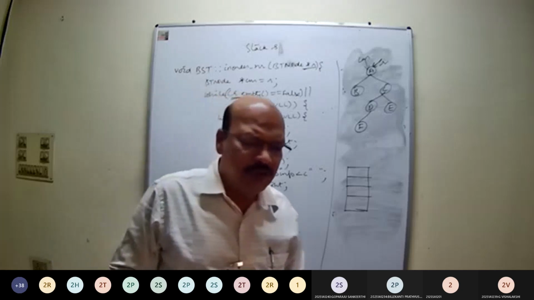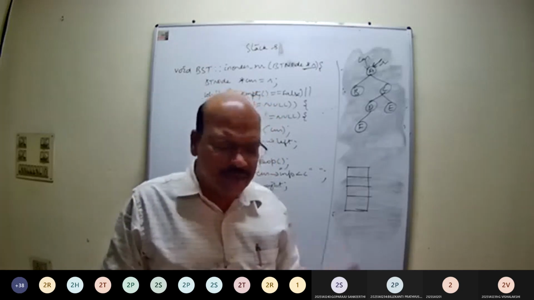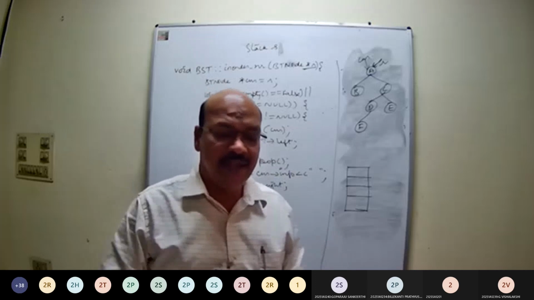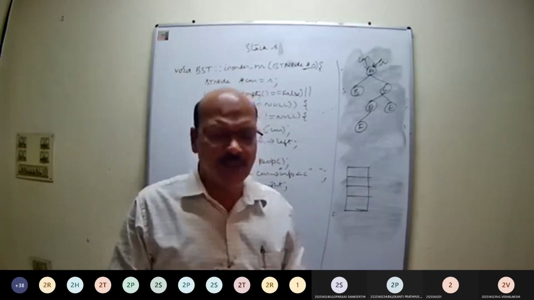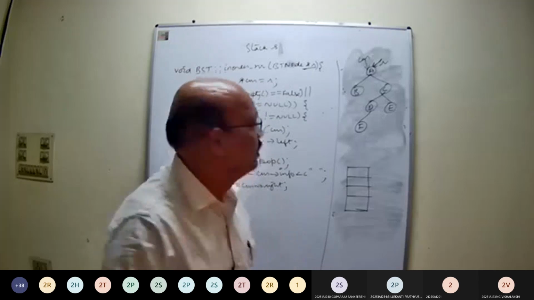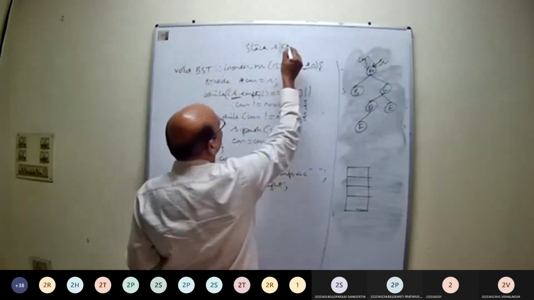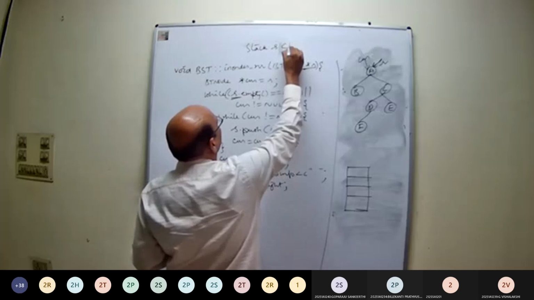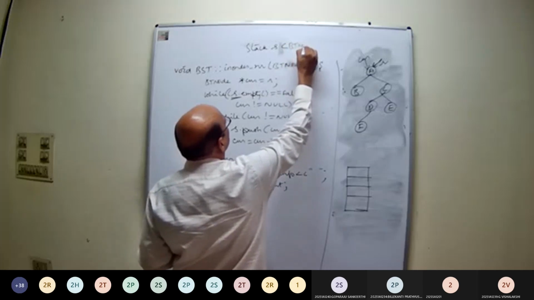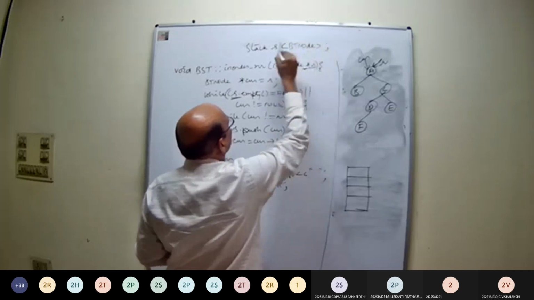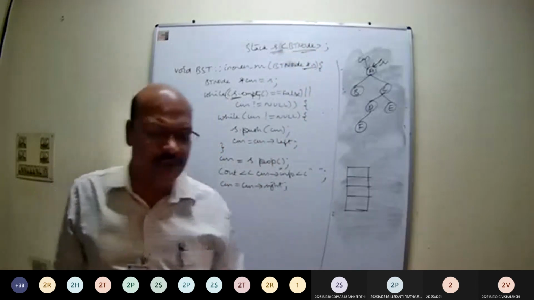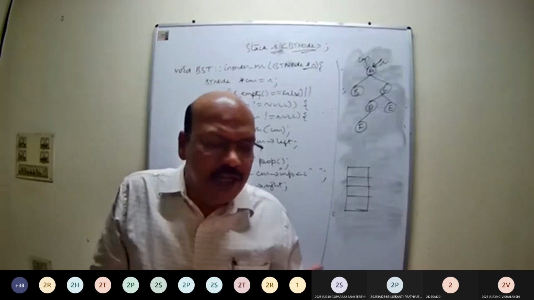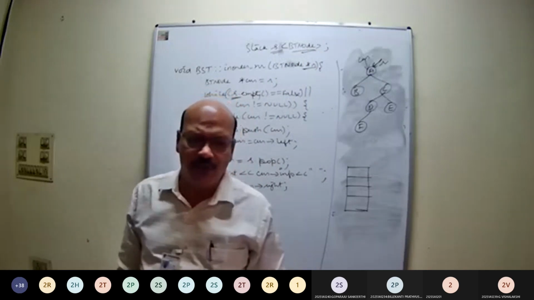Earlier we used a stack for storing integers and characters, but in this application I want a stack which can store binary tree nodes. That's why you have to tell what the type is: binary tree node. So S is an object which can store binary tree nodes, not an integer, not a character.